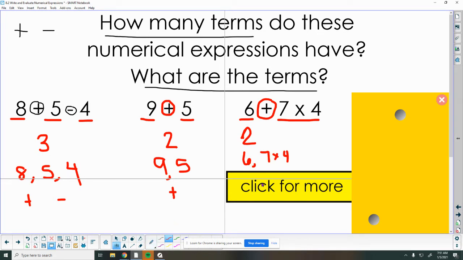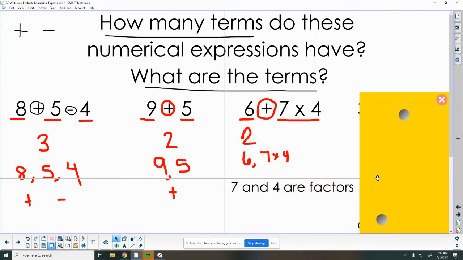If you remember, when we have 7 and 4, those are actually factors. 7 times 4 is 28, and 28 has factors of 7 and 4. So together they make a term. Separately, they are factors. So 2 terms, the term is 6, and 7 times 4 is a term.